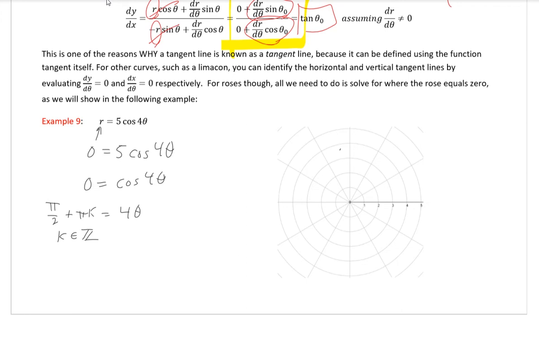Then, if we get theta by itself by dividing by 4, we get that theta is going to equal pi over 8, that's pi halves divided by 4, plus pi fourths times k. So times some multiple of pi fourths. That will define all of our tangent lines. So pi eighths, if pi fourths is right here, pi eighths is half of that.